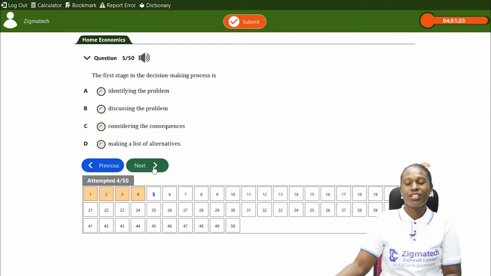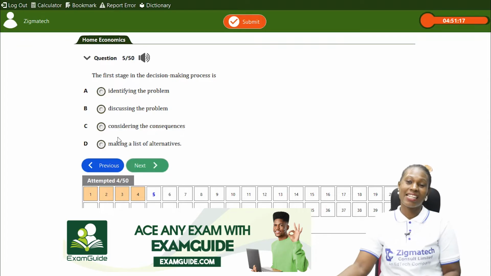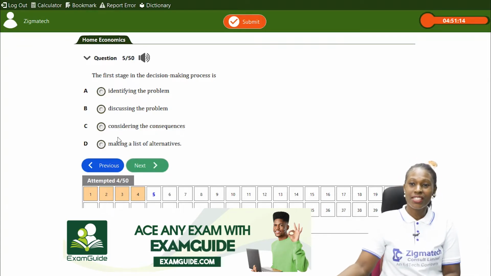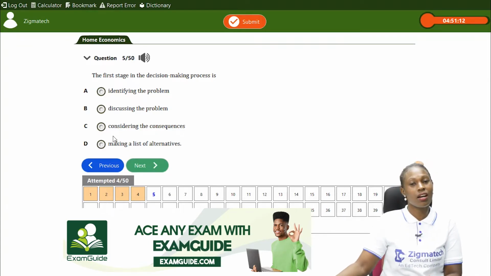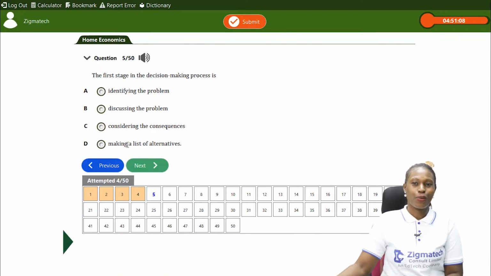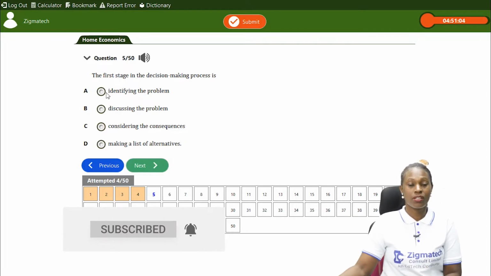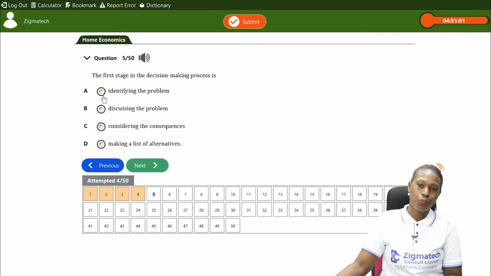Now the first stage in the decision-making process is, we have different options: identifying the problem, discussing the problem, considering the consequences, making a list of alternatives. Now, the first stage, what do you do first when there's a problem? First things first is to identify the problem.